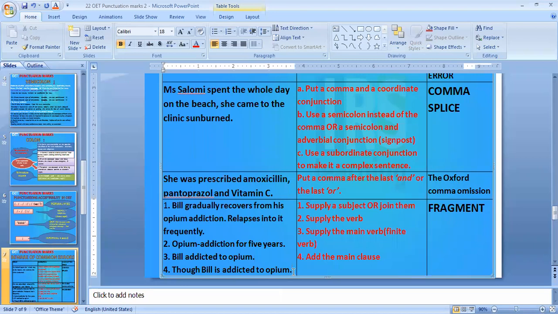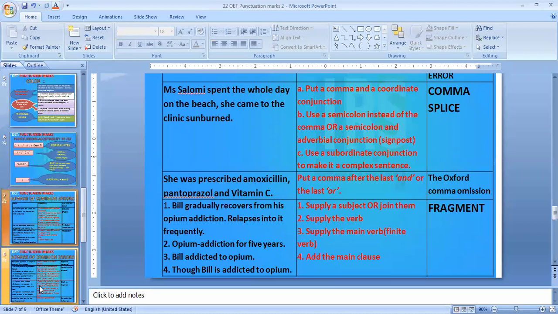So this sentence is a fragment. All these sentences are fragments. Number 1, 2, 3, 4. That's why fragment is mentioned as the name of the error. Fragment. So remember, at least some of your friends write sentences like this, which are not acceptable.